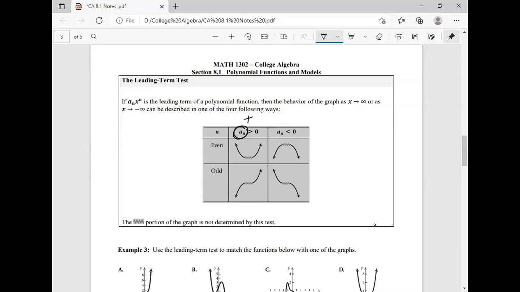If it's odd, it's going to be kind of increasing. So it's going to start out low, start out small, and get bigger and bigger and bigger. If the leading term is negative, or less than 0, both of the ends are going to be down. It's going to be making a frowny face. Or if it's odd, it's going to be decreasing from left to right. Okay.